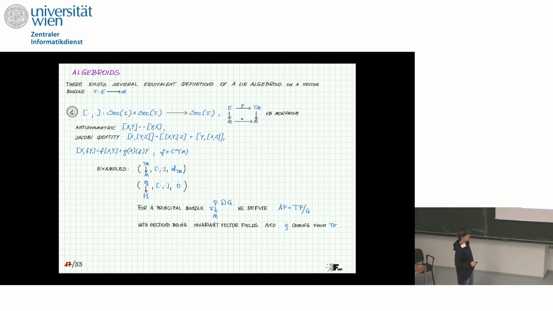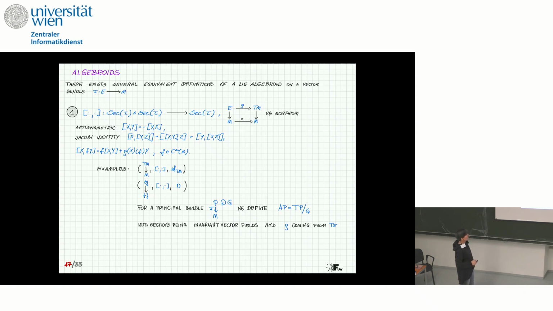As a manifold, it comes out from quotienting the tangent bundle by the group action, and sections of the algebroid come from invariant vector fields on the total space of the principal bundle.